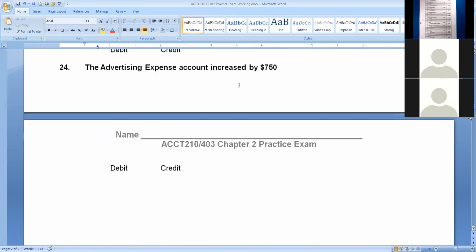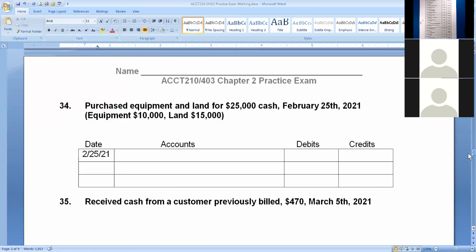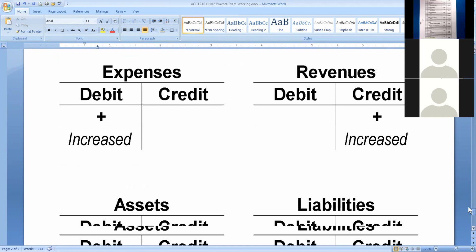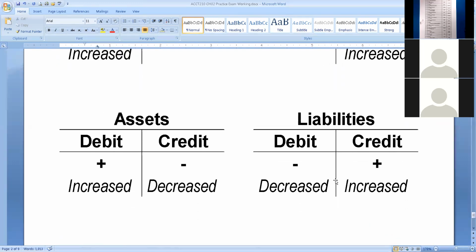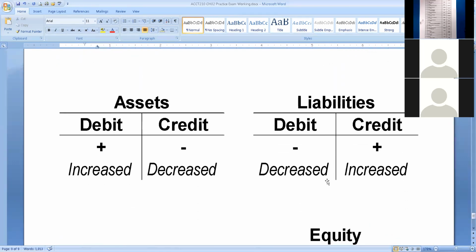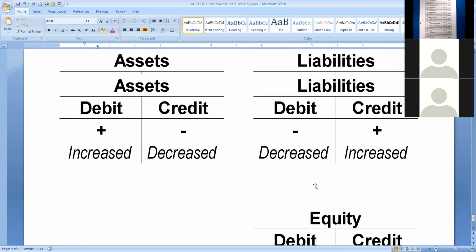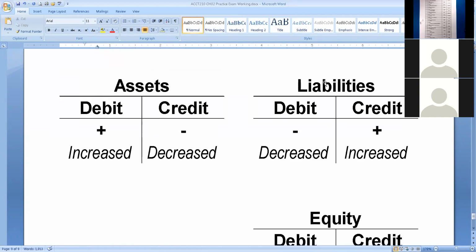So debits will increase assets and decrease liabilities and decrease equity. So they are pluses for assets, they're minuses for liabilities and equity.